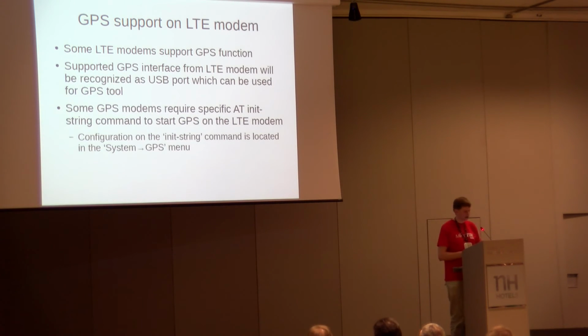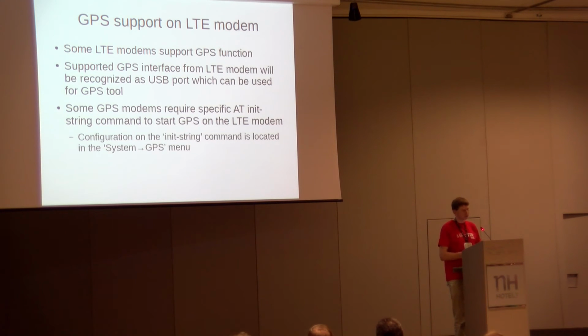Another option is GPS support for LTE modem. You already know that we have a new LTAP Mini that has built-in GPS. Without modems, there's no need for that, but there are a few modems that have built-in GPS functionality where you can just attach a GPS antenna.